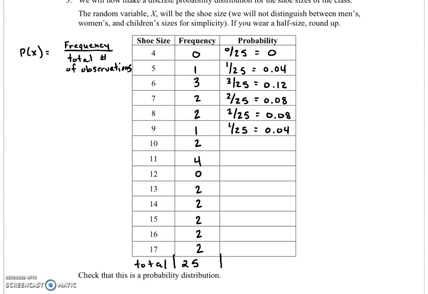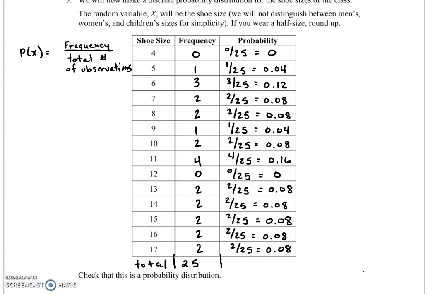In fact, to save time from you having to watch this, I'm going to pause this recording and finish filling in the table. Okay, I've finished filling in this table. If you have to, you can hit pause and make sure you have all the numbers correct. Now, what did we say about a probability distribution? Every probability has to be between 0 and 1 inclusive, meaning it can equal 0 and it can equal 1 and it can equal anything in between.